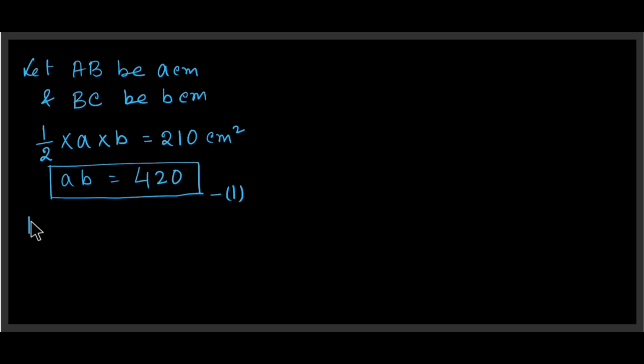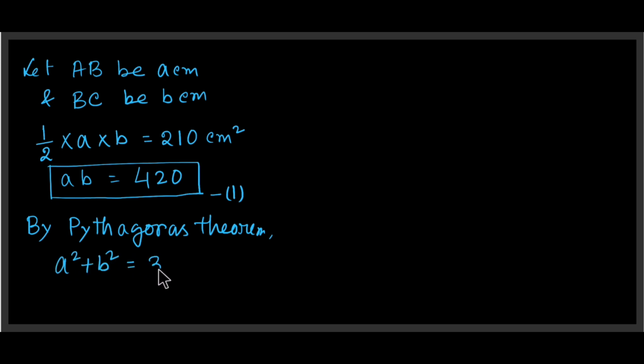Now by Pythagoras theorem, we can write that a square plus b square equal to 37 square, because 37 is the hypotenuse of the triangle which is given in the question.